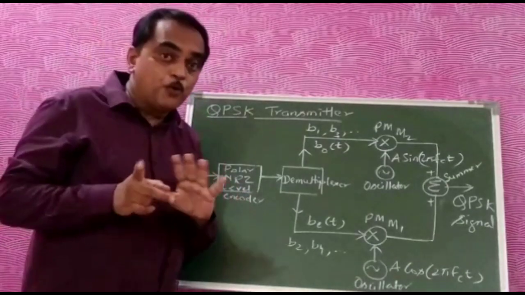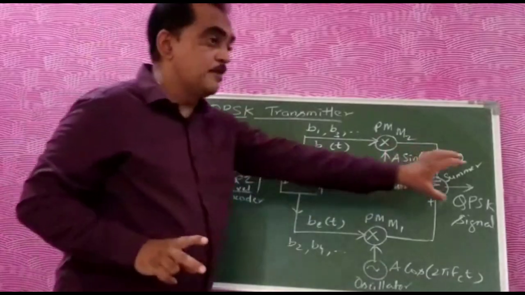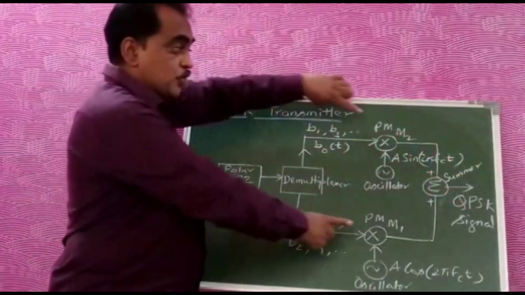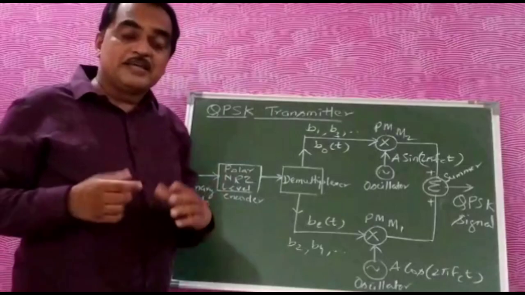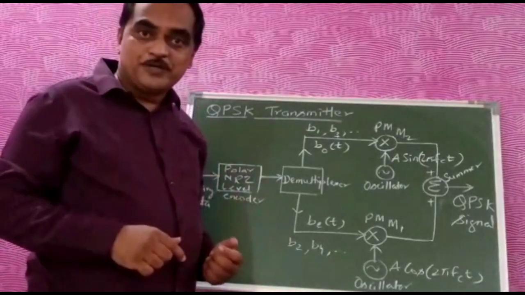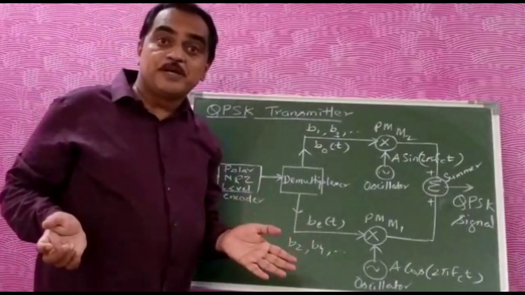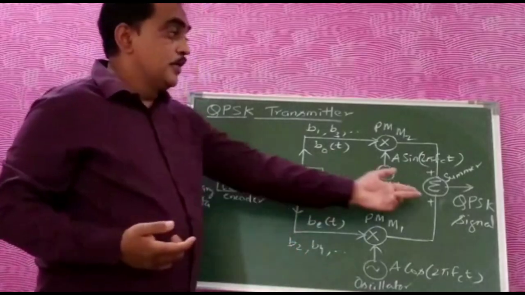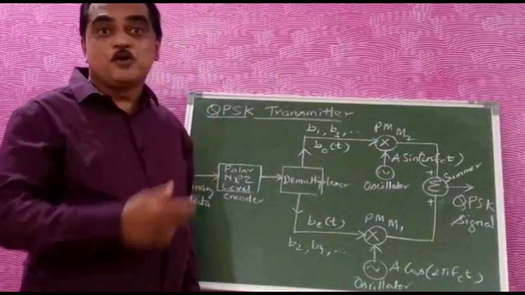So any of 4 phase shifts can come out, because this combination of binary data can be 00, 01, 10, or 11. There are 4 combinations of binary data, and hence you will get 4 types of phase shifts at the output.